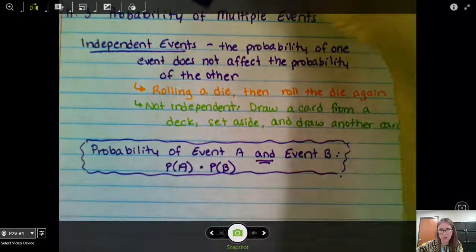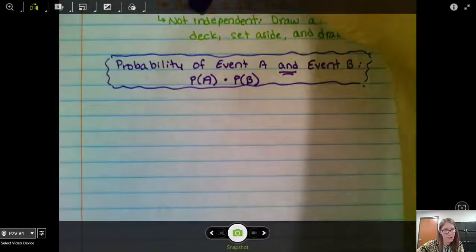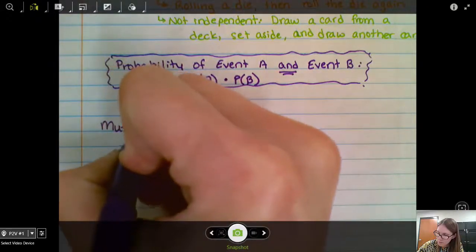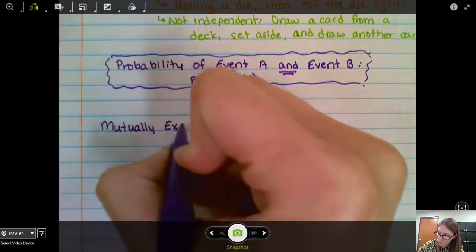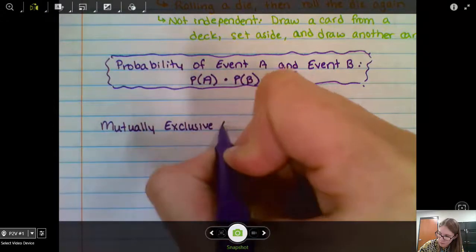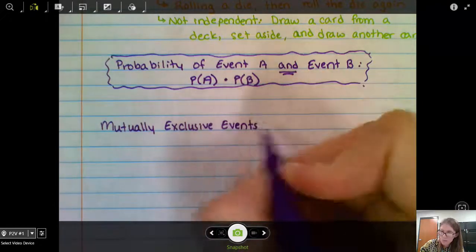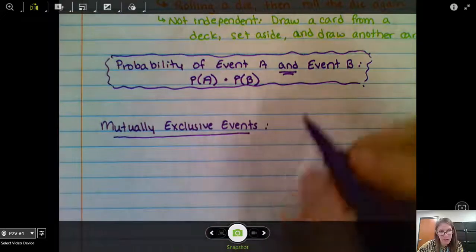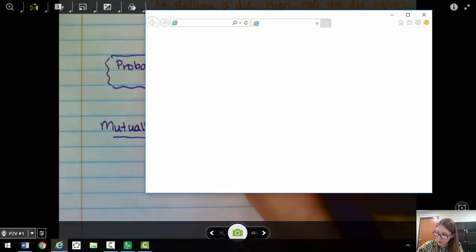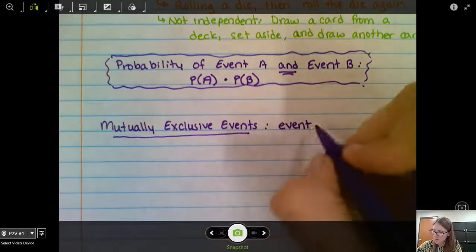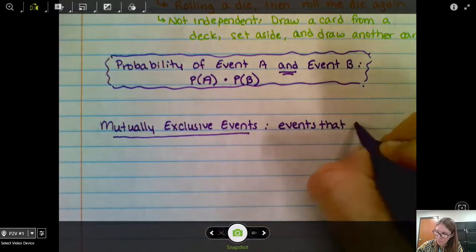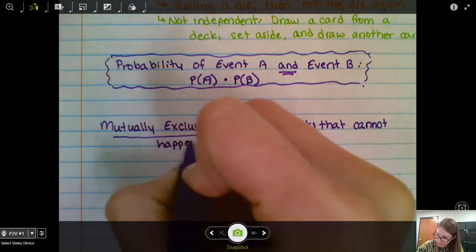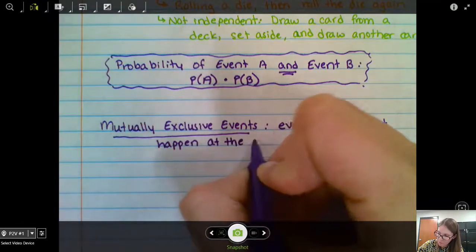Now we also have another vocab word that's called mutually exclusive. Mutually exclusive events are events that cannot happen at the same time.